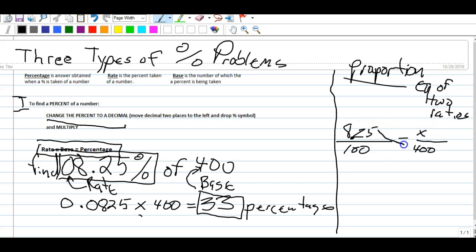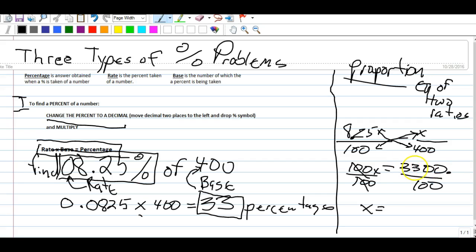And remember, to solve a proportion, you take the cross products. So 100 times x is 100x, equal to 8.25 times 400, which is actually 3,300. Then divide both sides by 100. The 100s cancel here, which leaves x equal to 3,300 divided by 100.